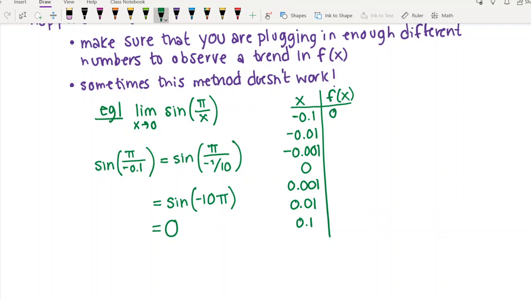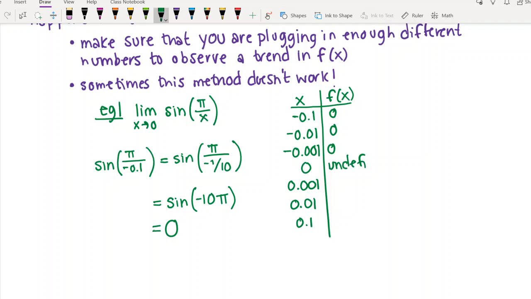And so basically, because of what I just said, you're going to get 0 for all of these, because for this next one, you would have pi over -1 over 100, and then that would become sine of -100 pi. That's also a multiple of pi, and so you would also get 0. And then the next one, you would get -1000 times pi, and you'd also get 0.